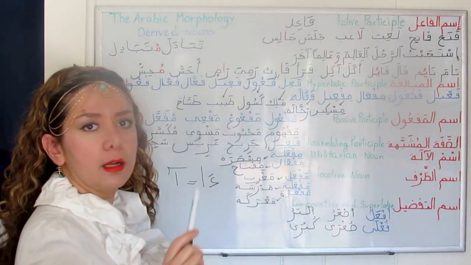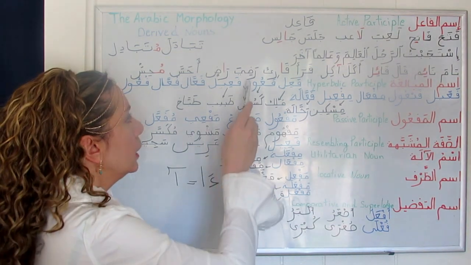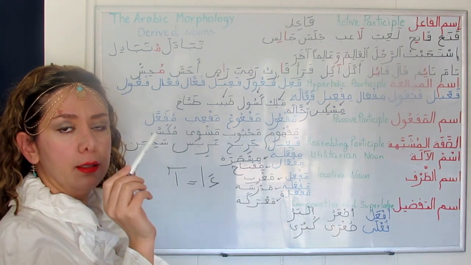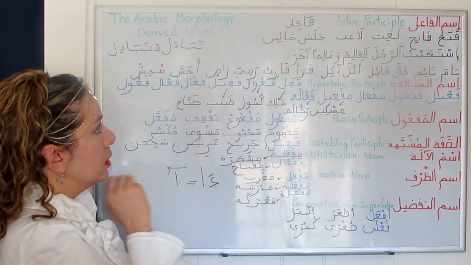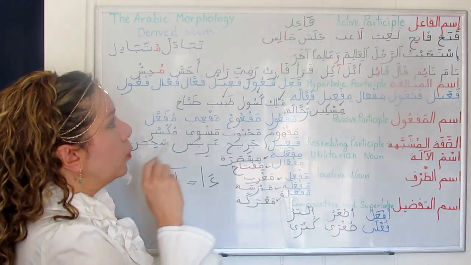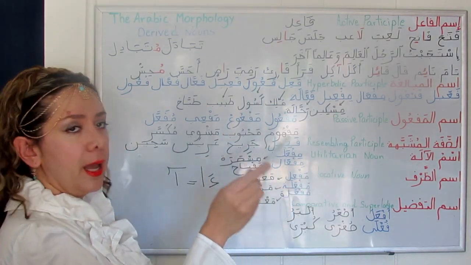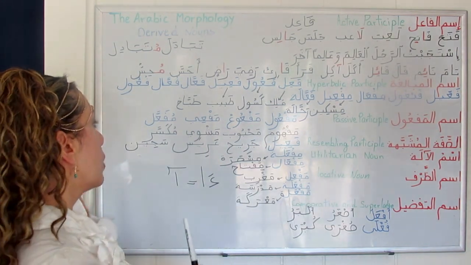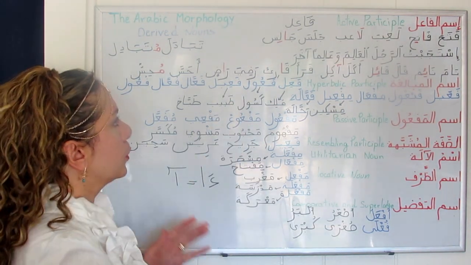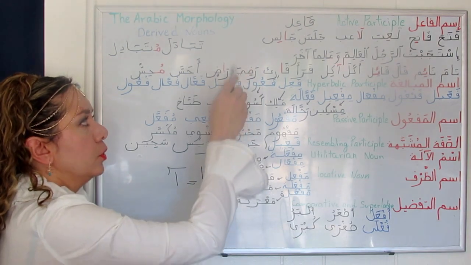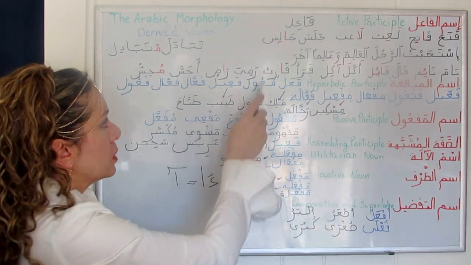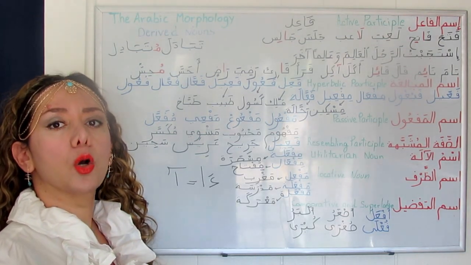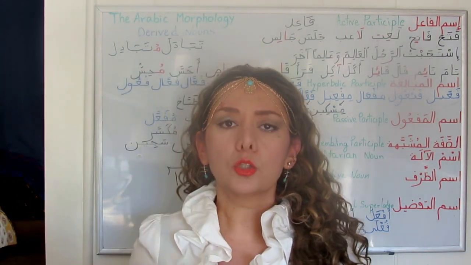So we have qari. Qari, it means reader. Radiya, we have ya with fatha as a last consonant. So when we form the active participle, we add, of course, the long vowel alif after the first radical, and we get rid of the ya. We keep just the da. So we have radin, content. Radiya, to approve.